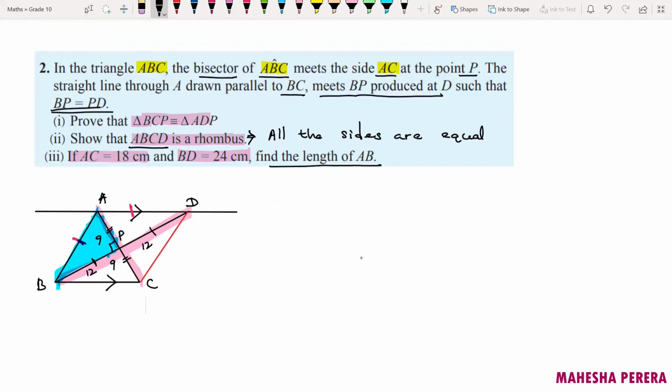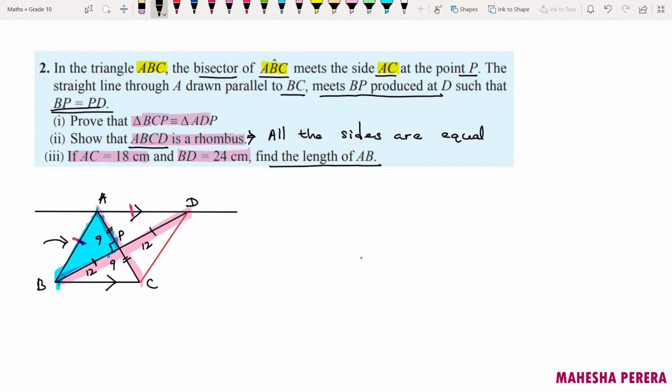So what do you have here? It's a right angle. If you have a right angle, this AB side becomes the hypotenuse, right? So how do you find the length of the hypotenuse of this right-angled triangle? Simply you apply the Pythagorean relation, the Pythagoras theorem. Okay, so let's find out the length of AB.